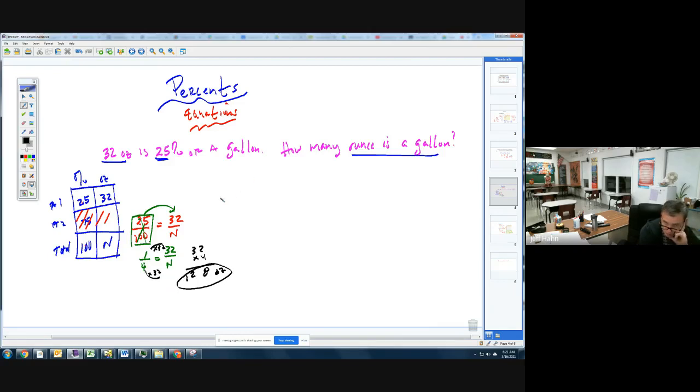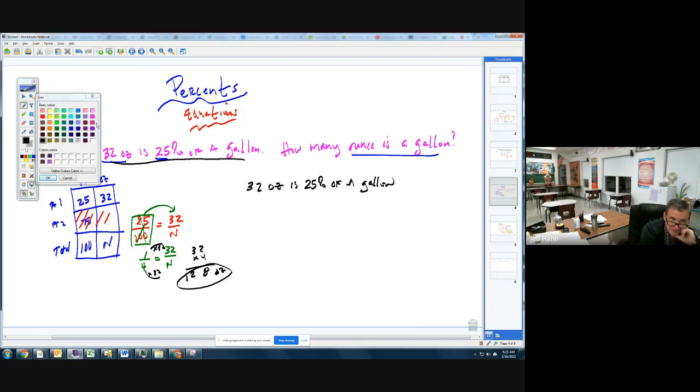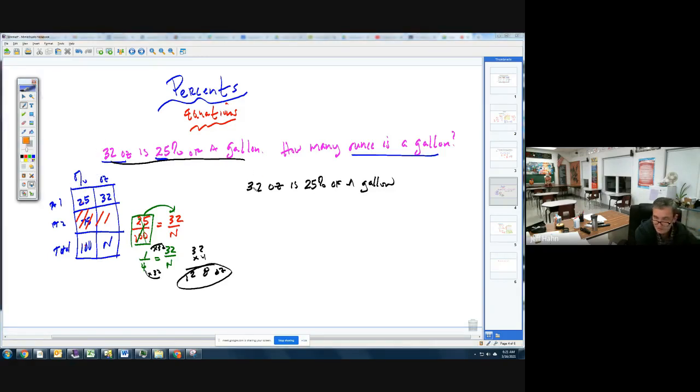Option number two, I'm going to rewrite this little phrase right here, because sometimes it's easier just to make an equation out of this, which is really easy because we have some English words that translate into mathematical symbols.